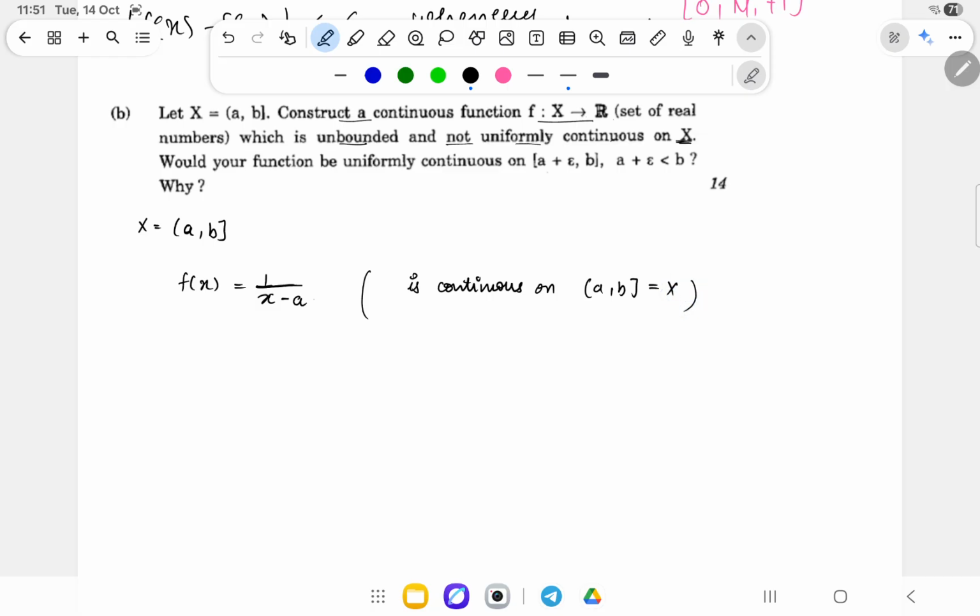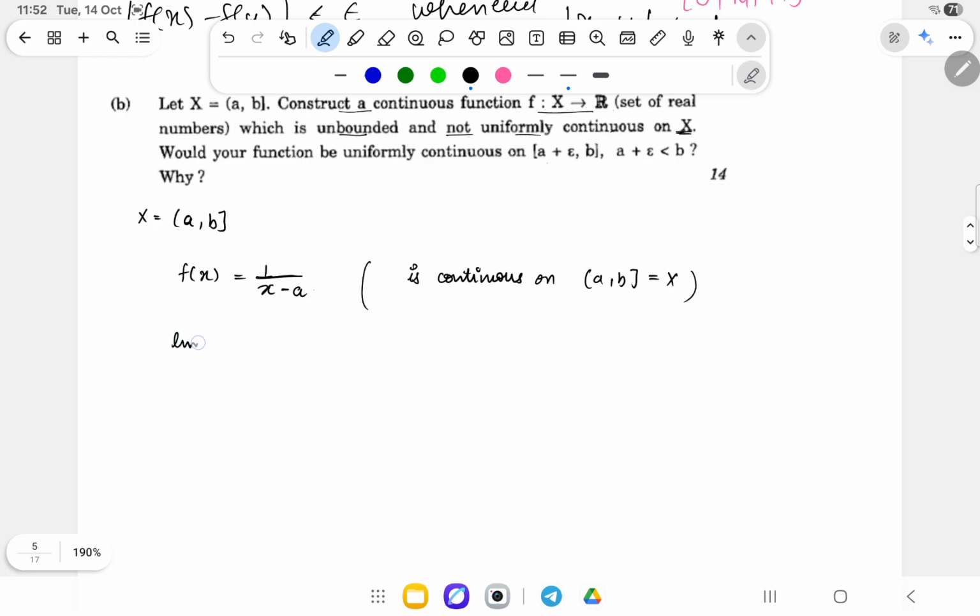And another condition for the function f is that it should be unbounded. Now if you take its limit as x approaches a, f(x) will be basically infinity. So this proves the claim that it's unbounded.